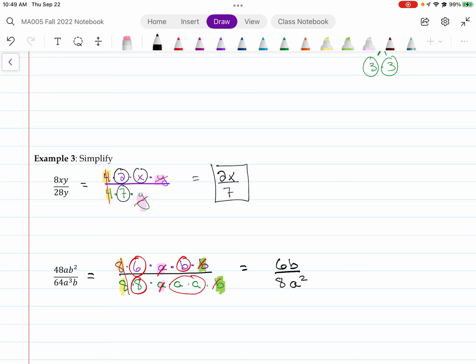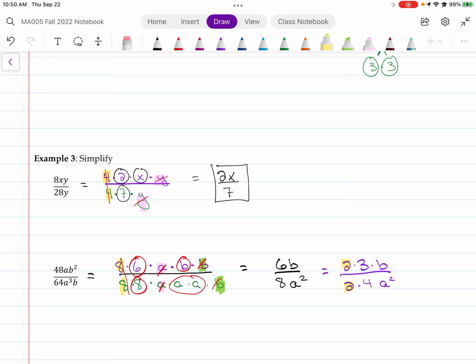Am I done? They're both even, which means they're divisible by 2, so I'm not done. Probably those were both divisible by 16, and that's okay. If you didn't catch that, we could just keep going. All right, 6 is going to be 2 times 3 times b, and on the bottom I have 2 times 4, and I'm not going to factor out the a squared because I know I'm done with those because I already did it.